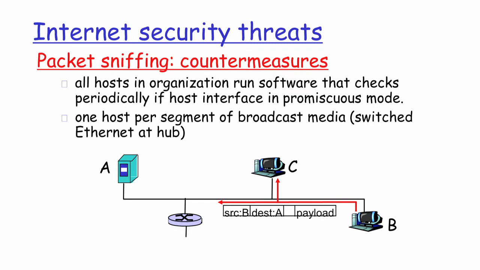What countermeasure could typically be taken by an organization against packet sniffing is that all the hosts in the organization can run software that periodically checks if the host interface is in promiscuous mode, because only if the NIC card is in promiscuous mode can the packets be sniffed. If the NIC card is prevented from getting into promiscuous mode, then the risk associated with packets getting sniffed is completely eliminated.